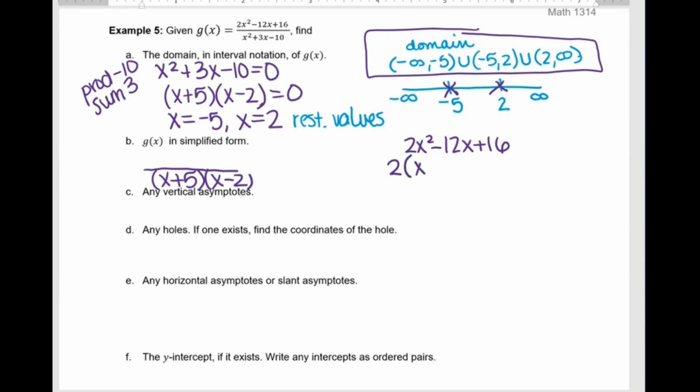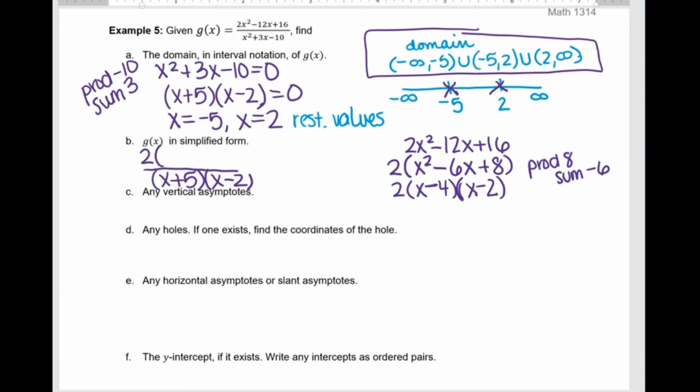So we're going to have x squared, because 2 divided by 2 is 1, minus 12 divided by 2 gets us 6x, plus, and 16 divided by 2 gets us 8. Looking inside, we need a product of 8 with a sum of -6, which means that this will factor into x minus 4 times x minus 2.